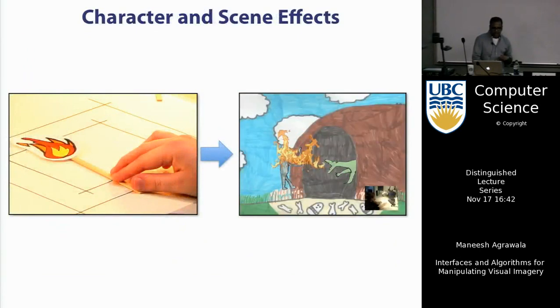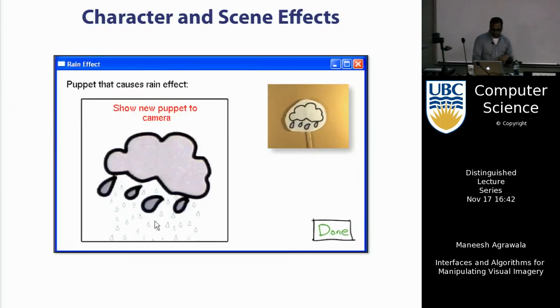We can also add these kinds of scene effects. So here we've attached this kind of flame puppet to this flame effect. And whenever we show the flame to the camera, the flame comes out. And similarly, we can attach this rain to the rain puppet using this kind of GUI.